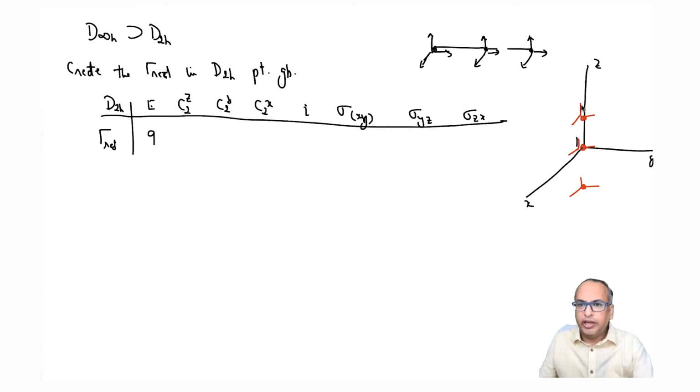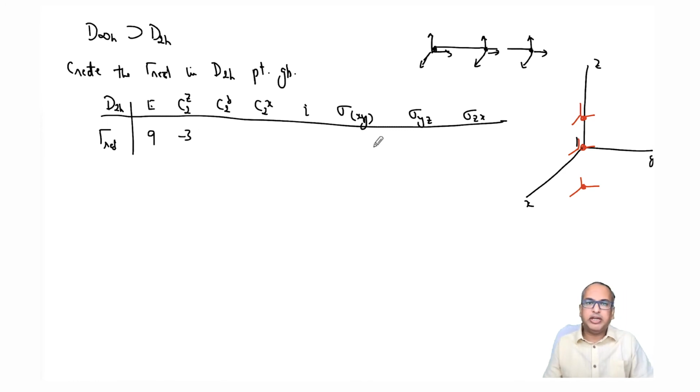So if it is drawn like this, your 3 z vectors z1, z2, z3 will contribute +1 each. All 3 x's will go to minus x's, so that will contribute -3, and all the y's will contribute -3. So overall it will be -3, right?